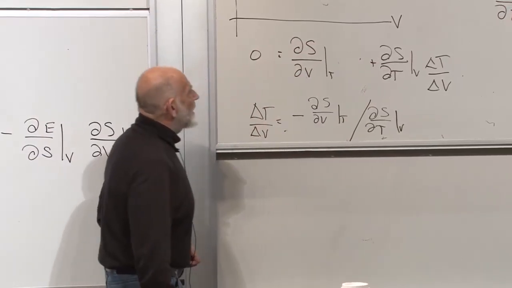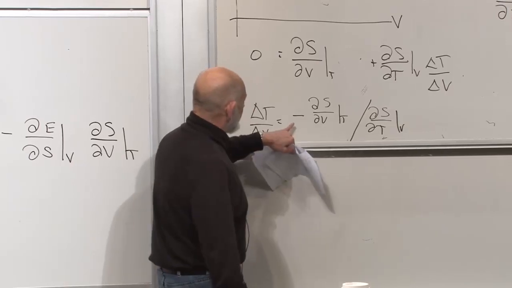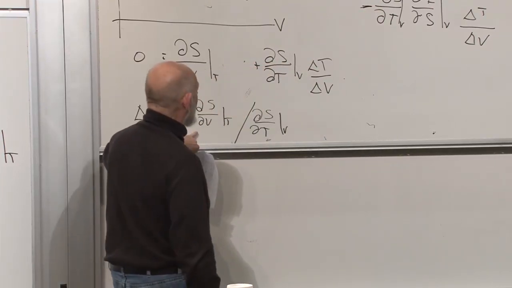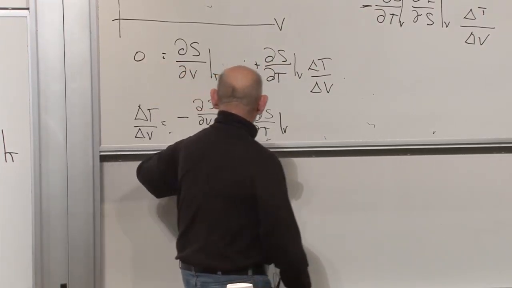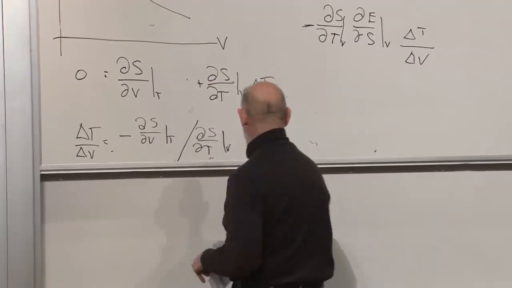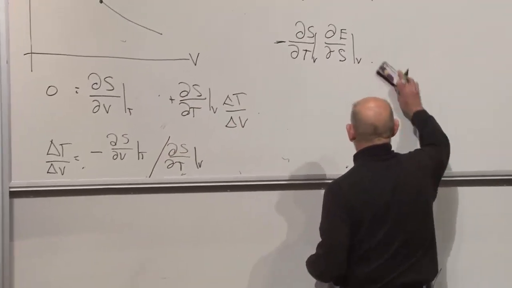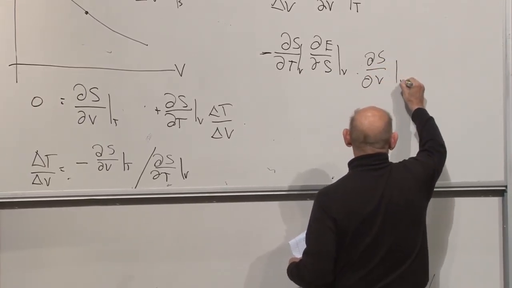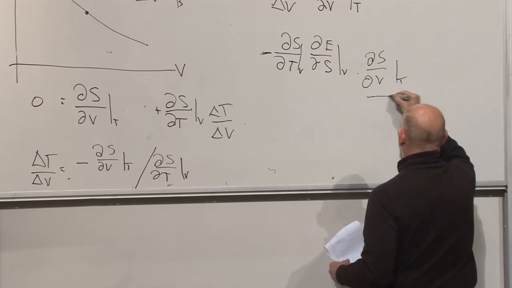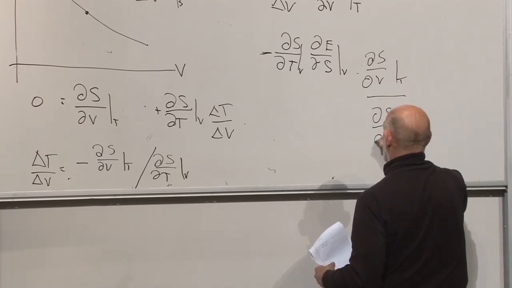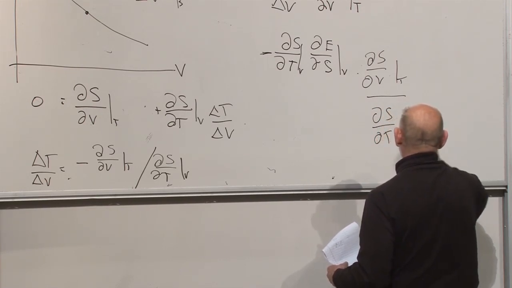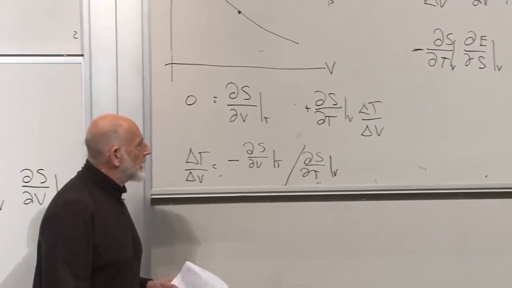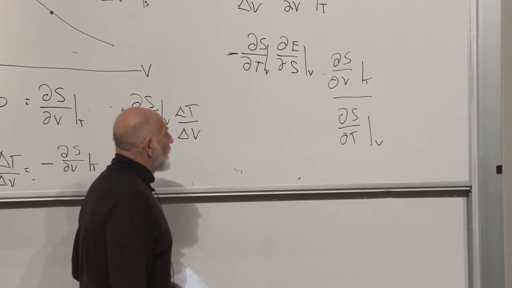But now we know what delta T by delta V is. So let's put it in. It first of all gives us a minus sign. And then delta T by delta V is the partial of S with respect to V at constant T divided by the partial of S with respect to T at constant V. All right, so we have 4 factors in there, 3 in the numerator, 1 in the denominator.